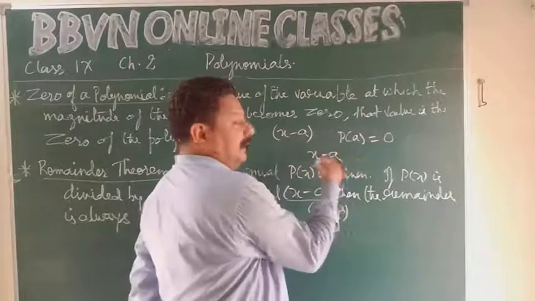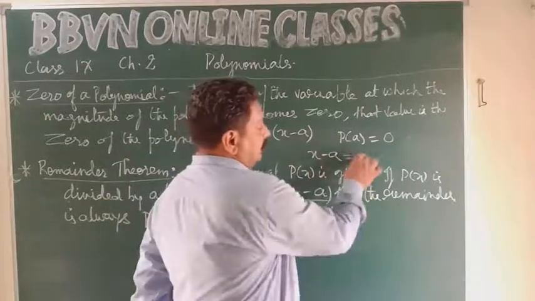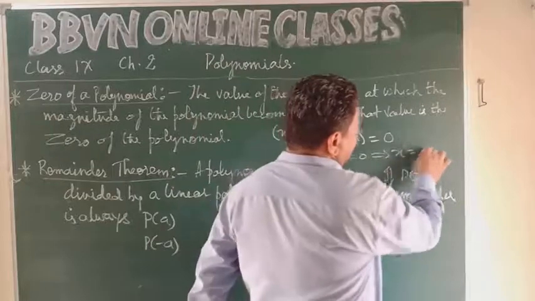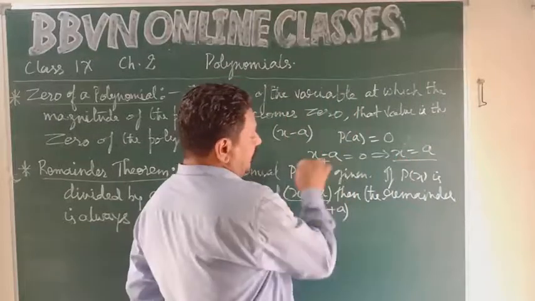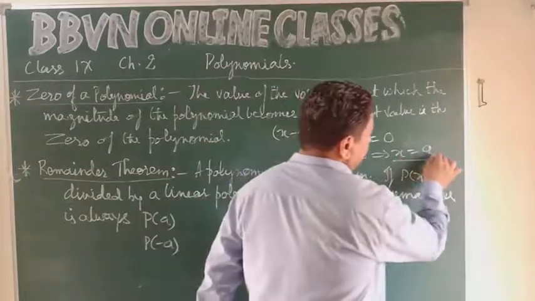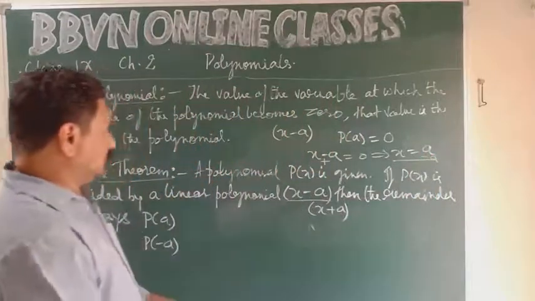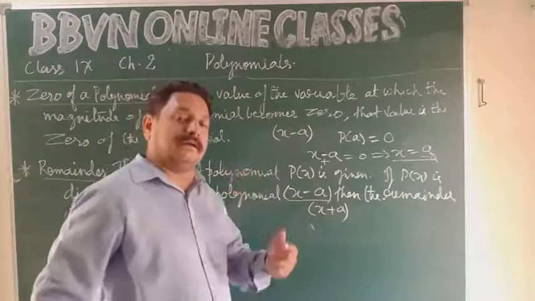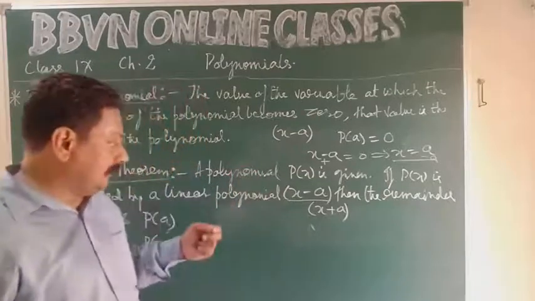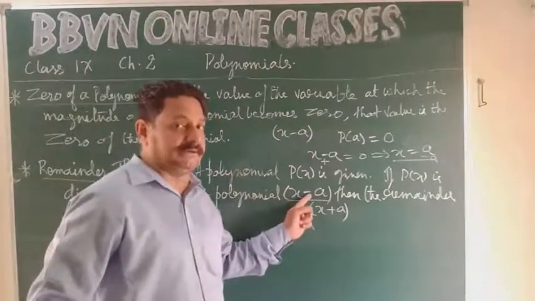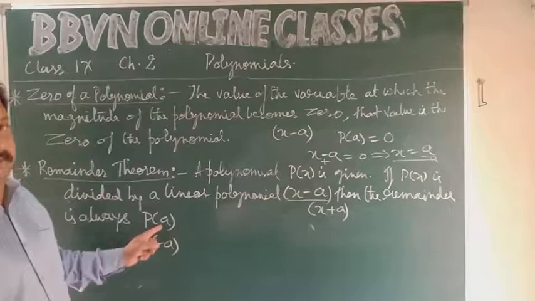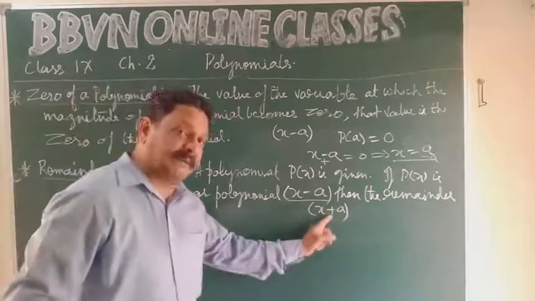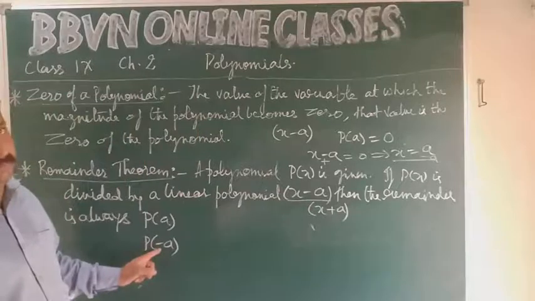If x minus a is considered to be 0, then x equal to a. So in place of minus a you have plus a. This becomes minus a. Understood? So this is remainder theorem. Whenever a polynomial of degree more than 1 is divided by linear polynomial x minus a, the remainder will be p of a. If it is divided by x plus a, the remainder will be p of minus a.